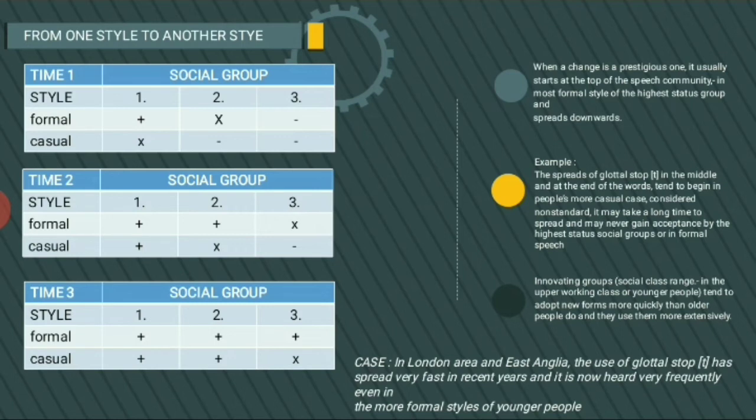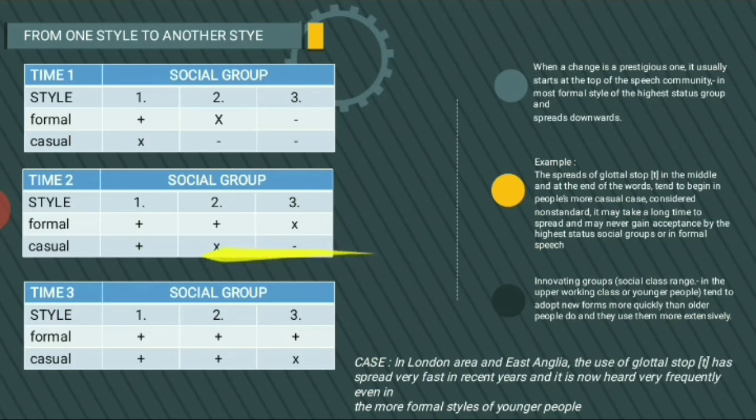But for casual, the first group has been improving to have a casual form of language style, and group 2, influenced by the first one, has casual style in certain situations, but the third still has no casual style.